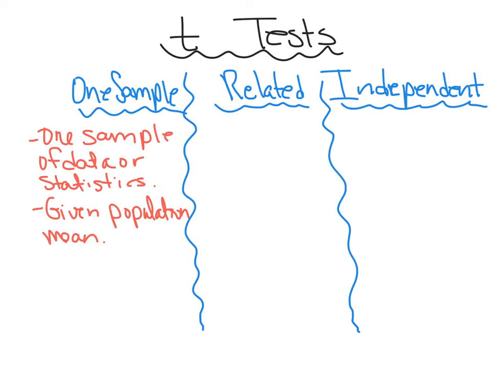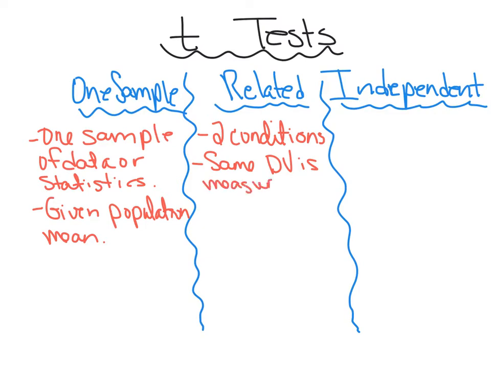Okay? With a related t-test, you're basically looking at two conditions. Then the same dependent variable is measured in both conditions. That is the key here, in both conditions.